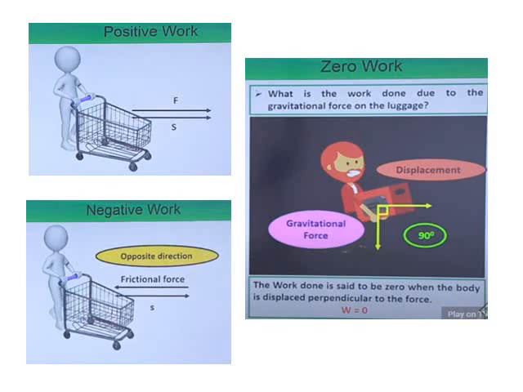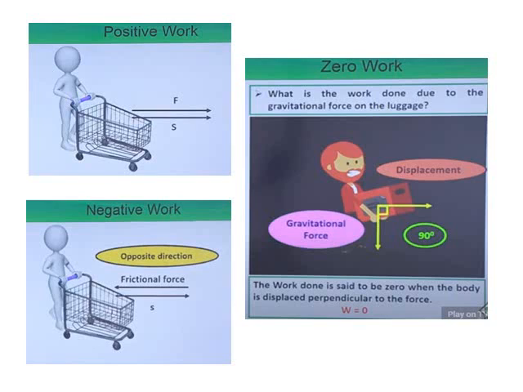Why? Now, when he lifts the box or the luggage, the gravitational force is acting downward. And the direction of the movement of the man is in the forward direction. So combine both, the gravitational force as well as the direction of movement of the man. Both of them are at an angle exactly 90 degrees.